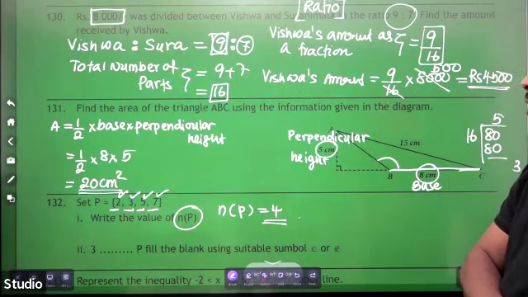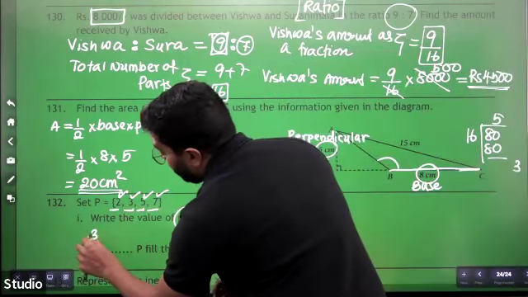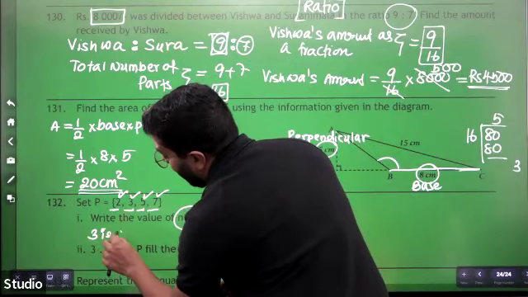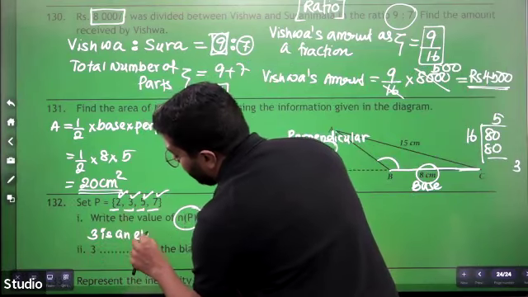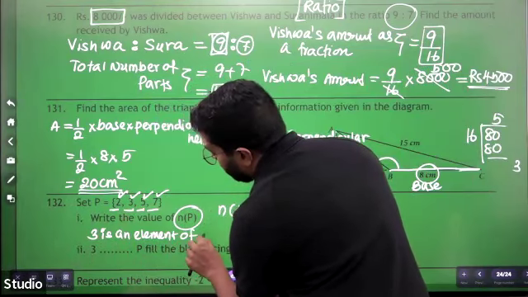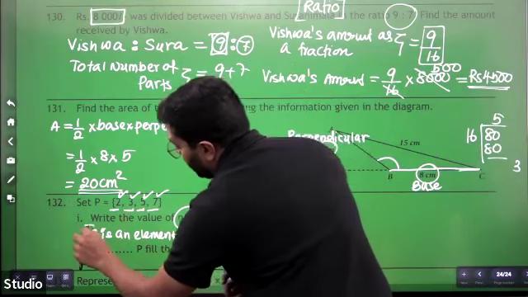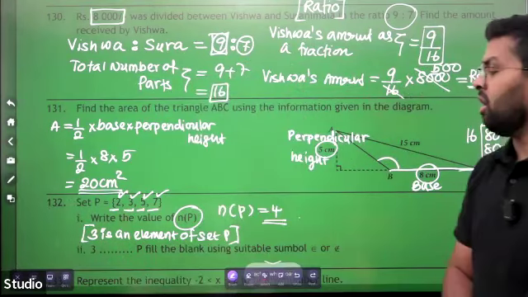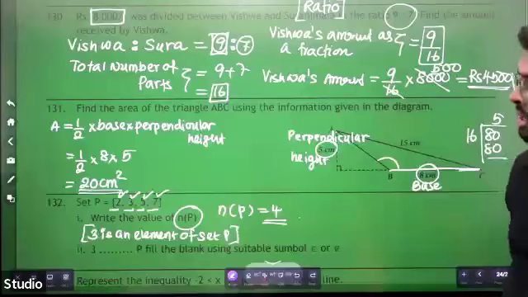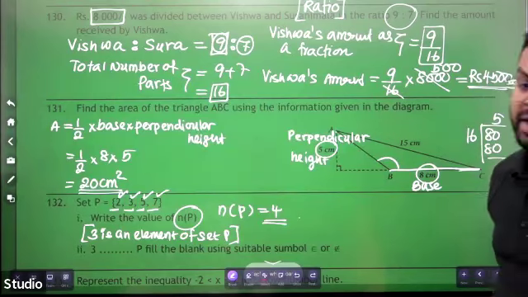Right? Now, is 3 an element of set P? 3 is an element of set P. How do we write that using set notation?